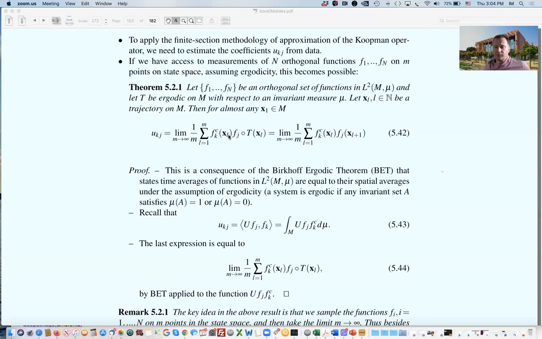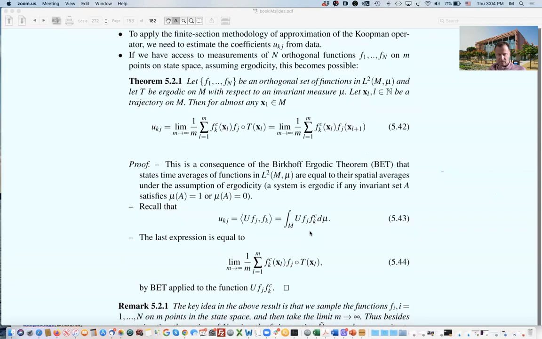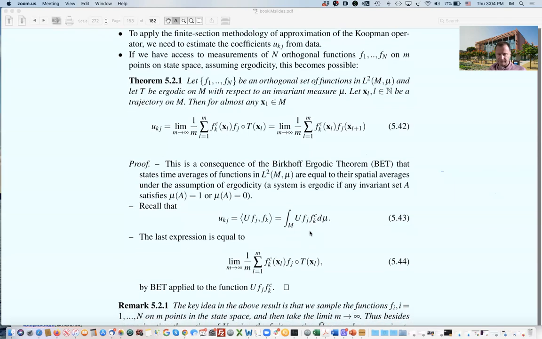So if you're going for eigenfunctions from the finite sections, it's going to reveal the ones that are non-zero on the attractor. So it's quite an important point. I'll come back to it in some remarks after.